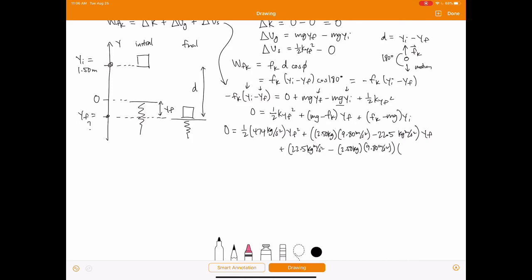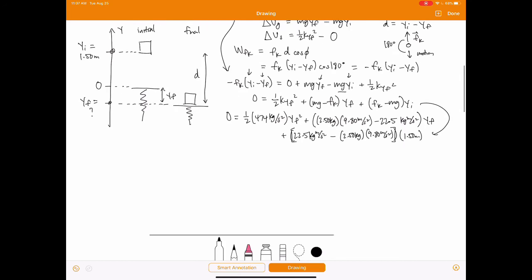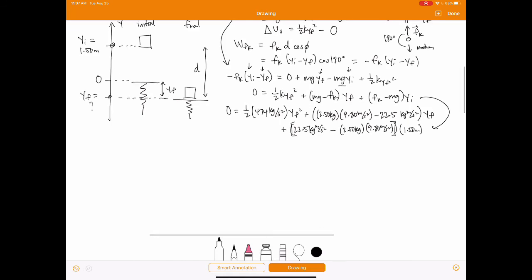And then y initial, which is coming right here, is 1.5 meters. Okay? So here, let me put this in brackets so it's a little bit more clear. I'm taking the whole thing in brackets times 1.5 meters.